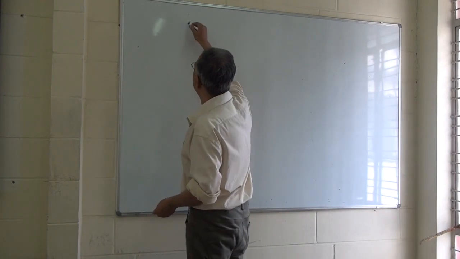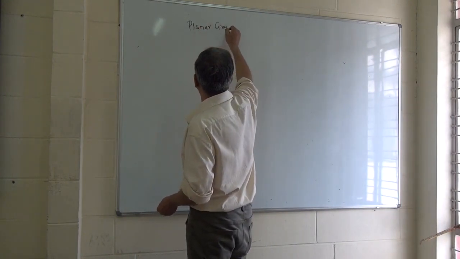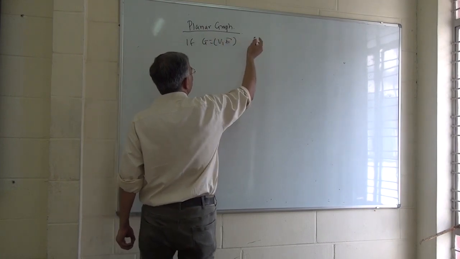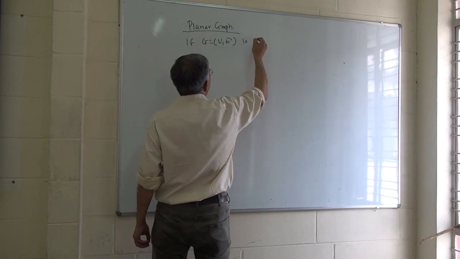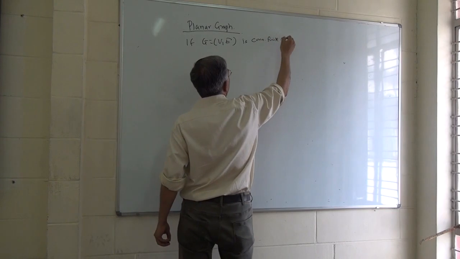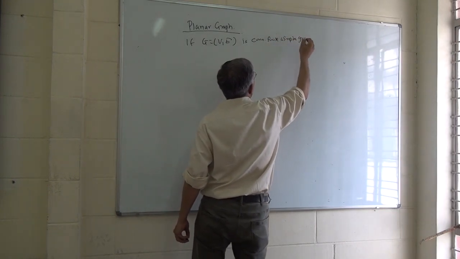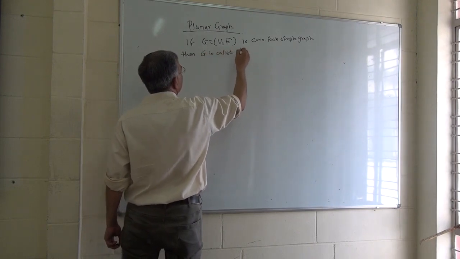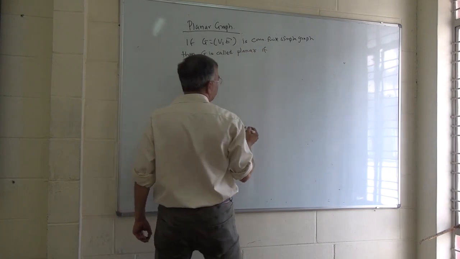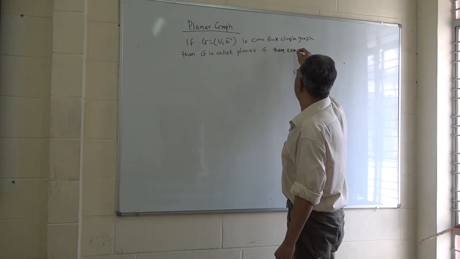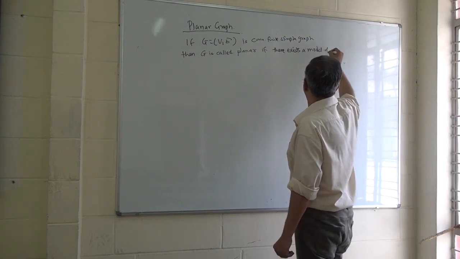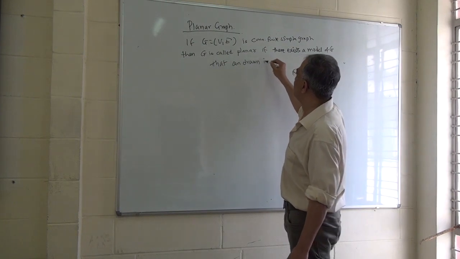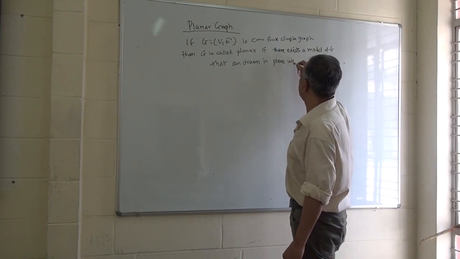So what we are defining is: if G equals (V, E), we always assume a connected finite simple graph, then G is called planar if there exists a model of it that can be drawn in the plane without edge crossing.